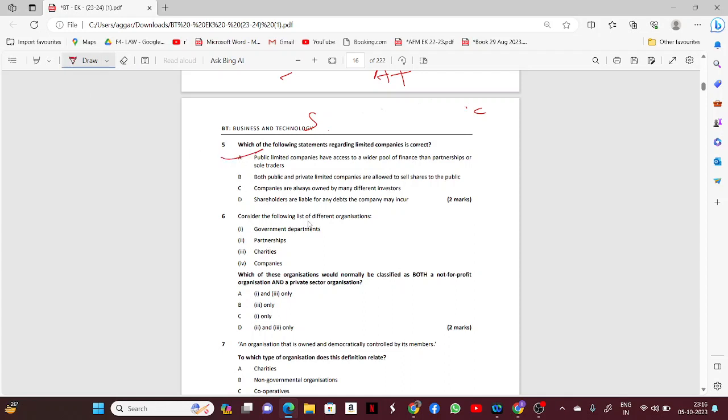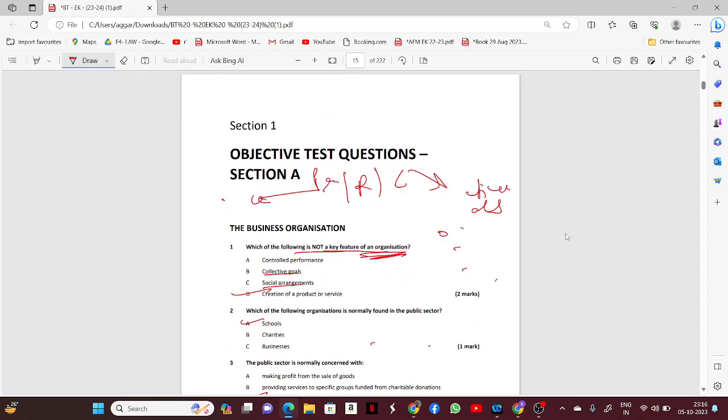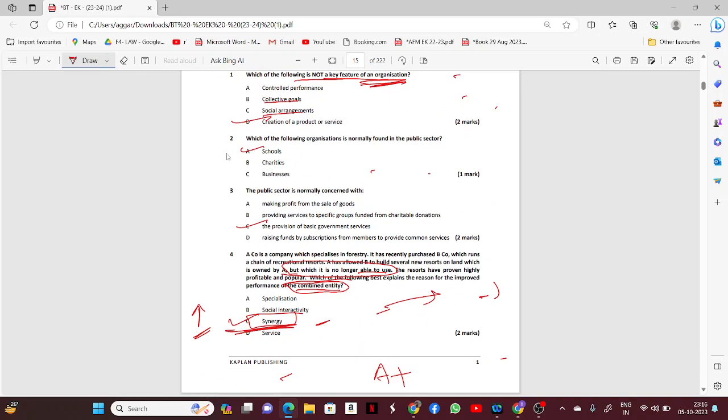Let's move forward. Consider the following list of different organizations: government departments, partnerships, charities, companies. Which of these organizations would normally be classified as both an NPO and a private sector organization? When we did the second question, I told you that charities can be a part of the public sector as well as the private sector.